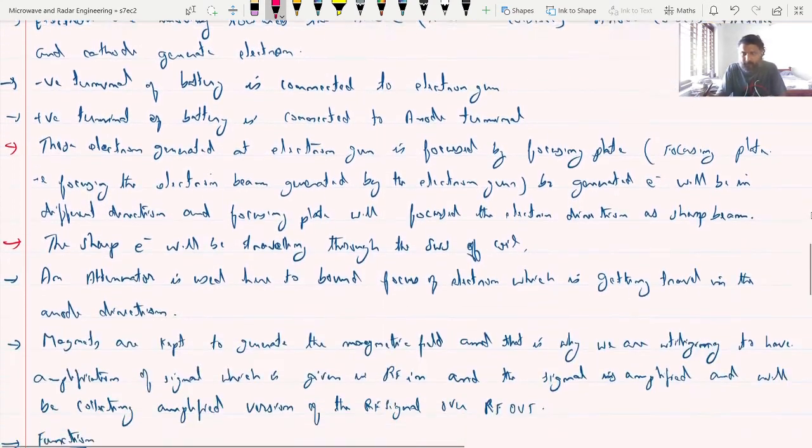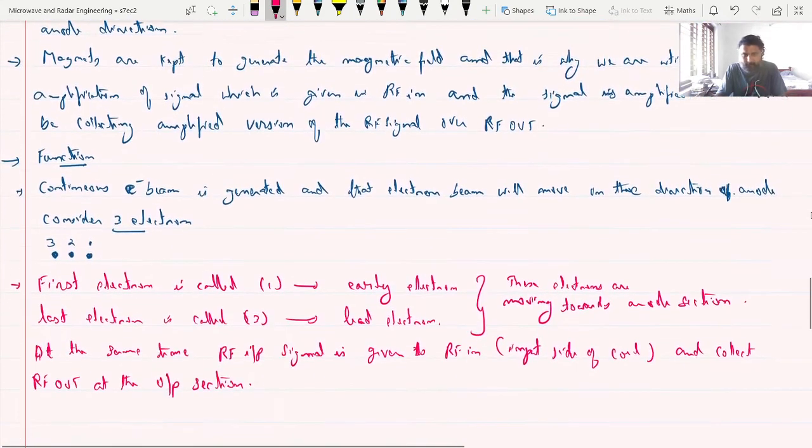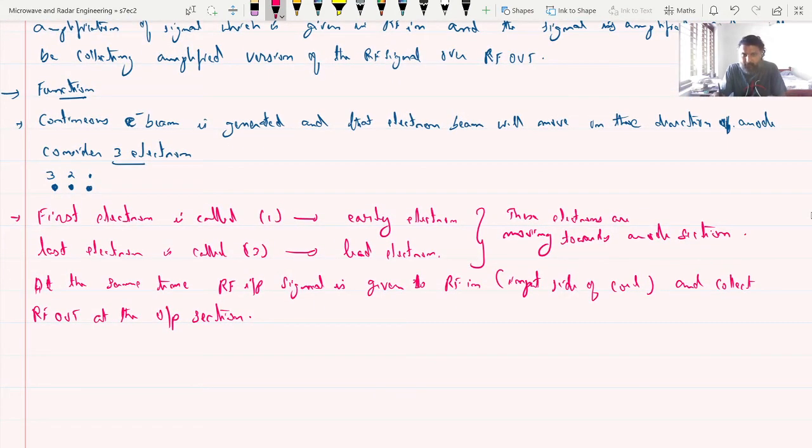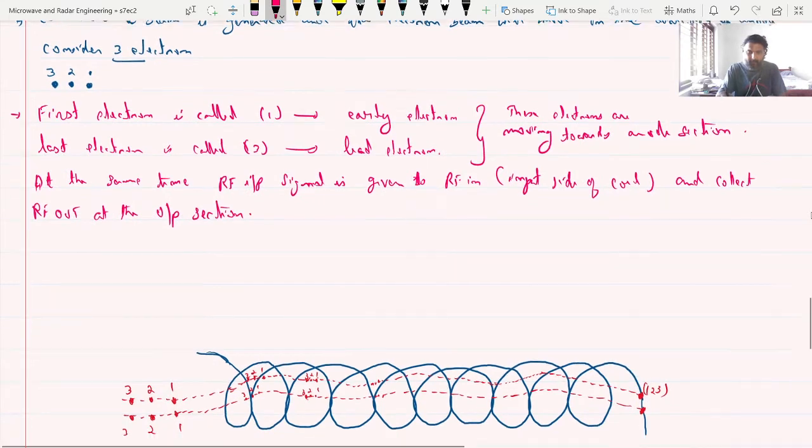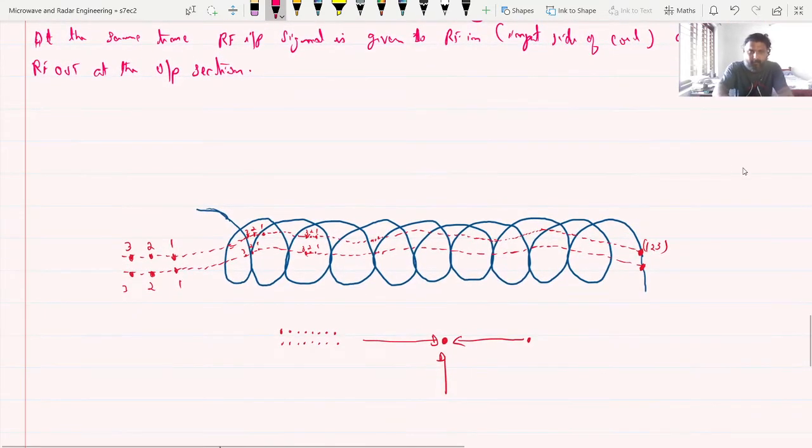I will write here that at the same time the RF input signal is given to the RF in input side of the coil and RF out is collected at the output section. I will just bring this figure down again. Just a second.